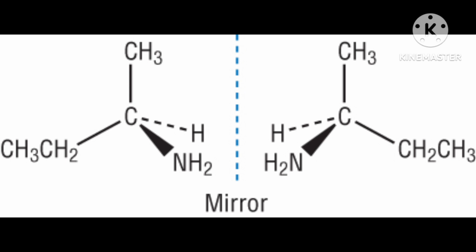Now I am going to discuss optical isomerism. Optical isomers are mirror images that cannot be superimposed on one another. These are called enantiomers.